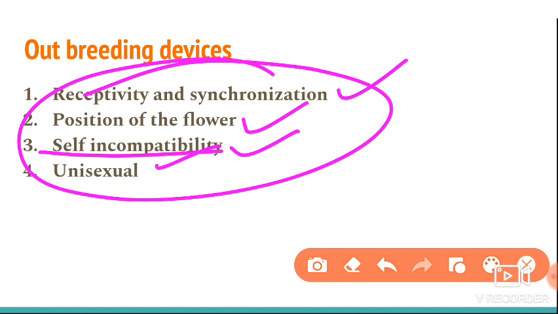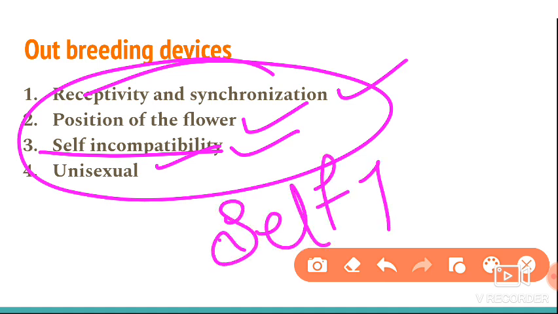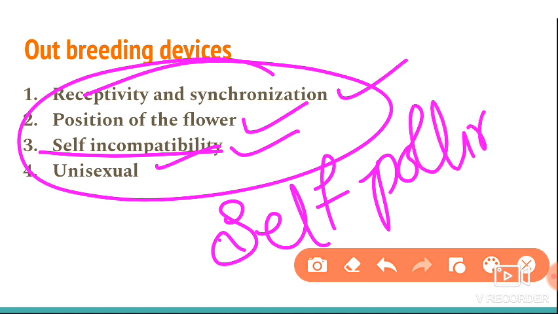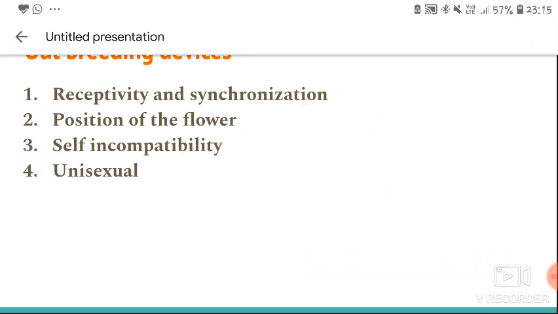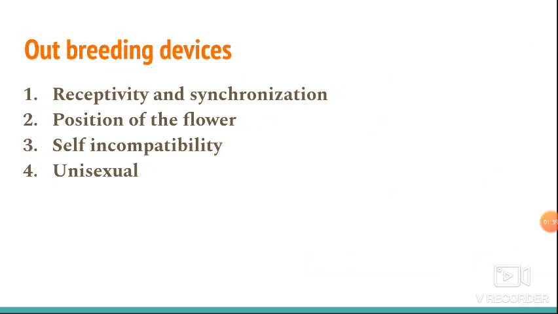These are the four important outbreeding devices. For what purpose are these? The outbreeding devices are developed in plants just to avoid self pollination, and to avoid inbreeding depression.